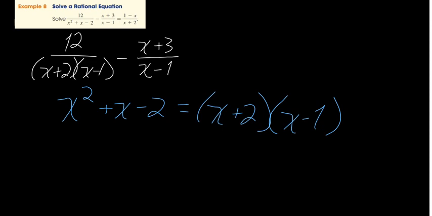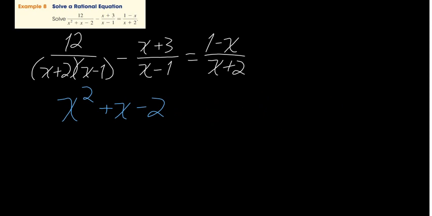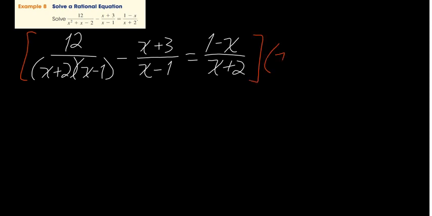That's why this 1 doesn't look right, so let's try and make a little flag on it. Anyways, moving on. Now we need to multiply by the least common denominator again, and the least common denominator would just simply be x plus 2, x minus 1.